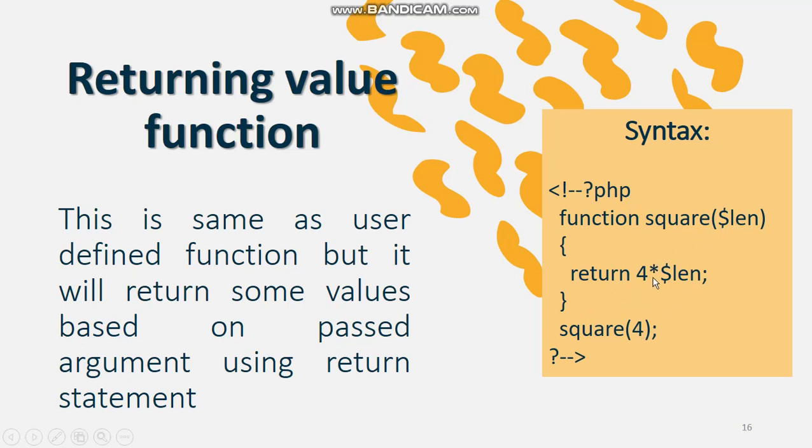So the output will be 16, because 4 times $len, where the value of $len is 4, so 4 times 4 is equal to 16. So 16 will be the output value when you call it.